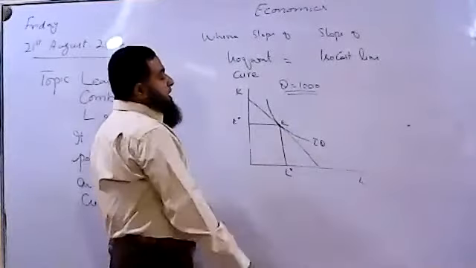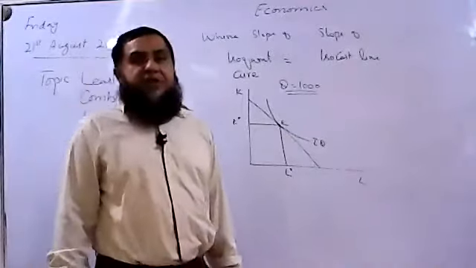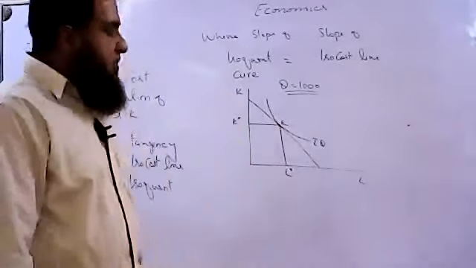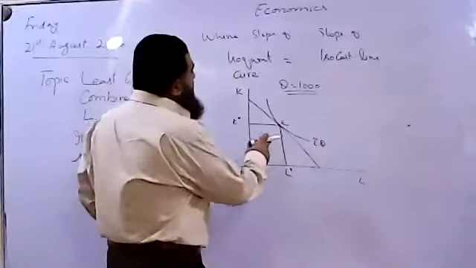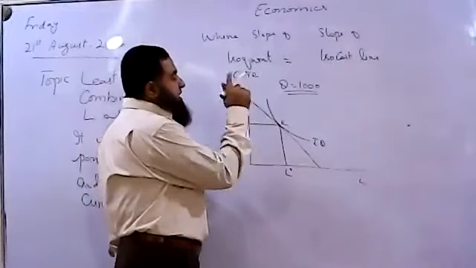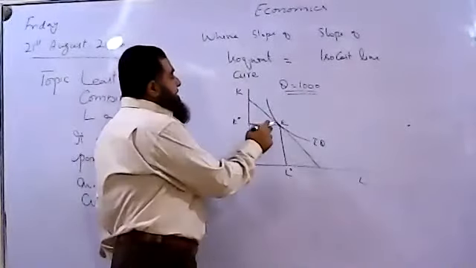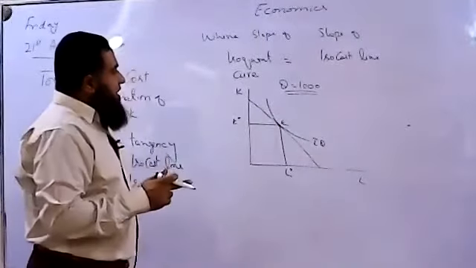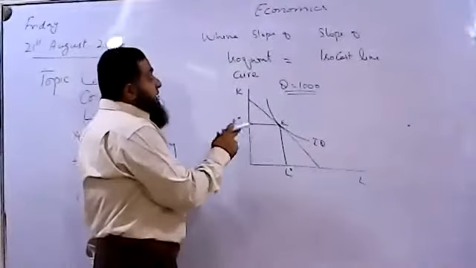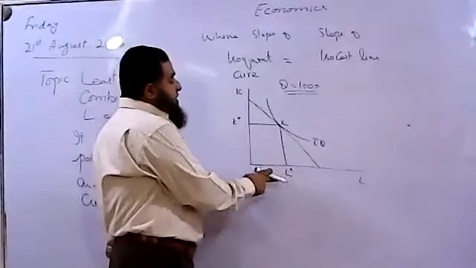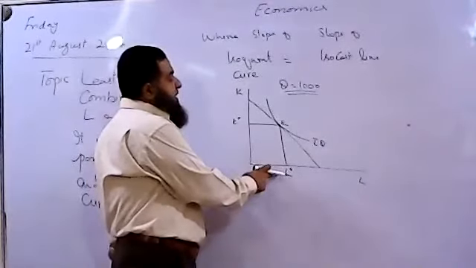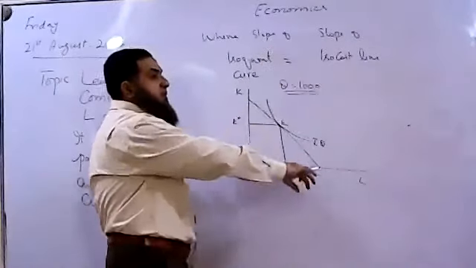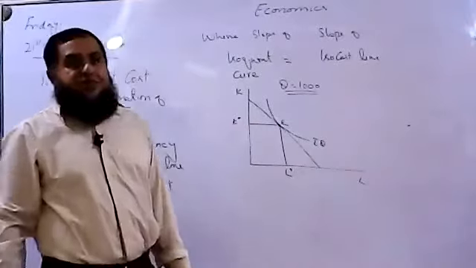Now, isocost line was telling us the cost of production, but it was not telling anything about the production level. Now, when both are making a tangency condition at a single point, at that equilibrium point, this is called an optimum point, where the firm will be finding the least cost combination of labor and capital to produce 1000 units of output, which will minimize the cost of production for the producer.